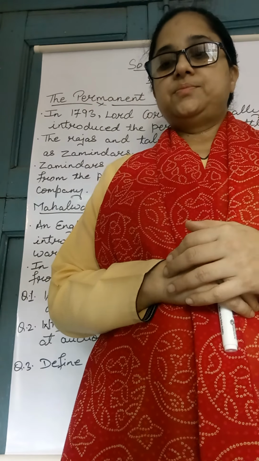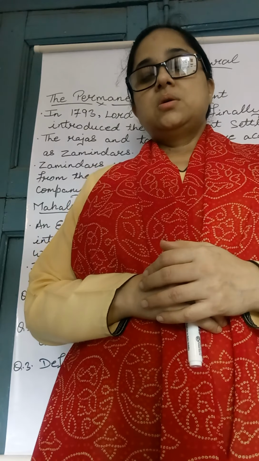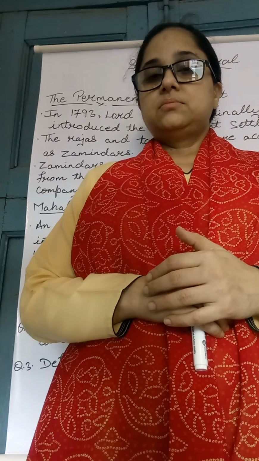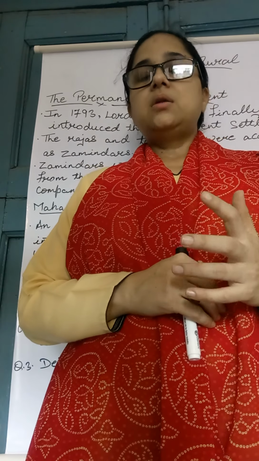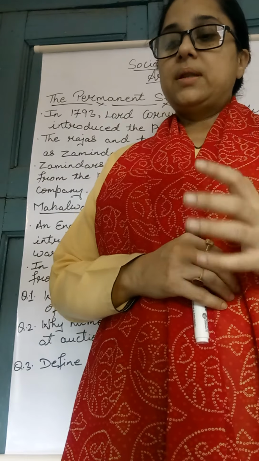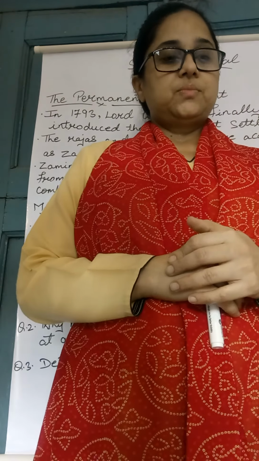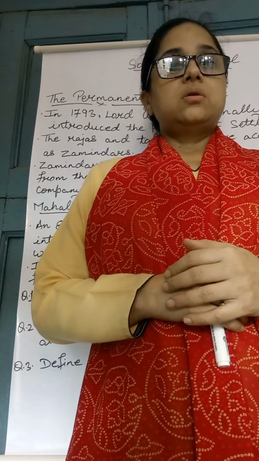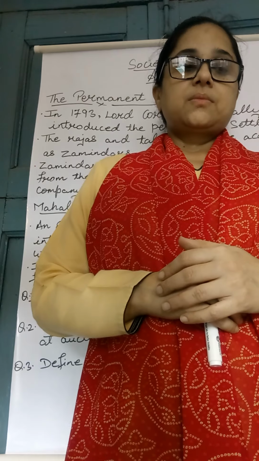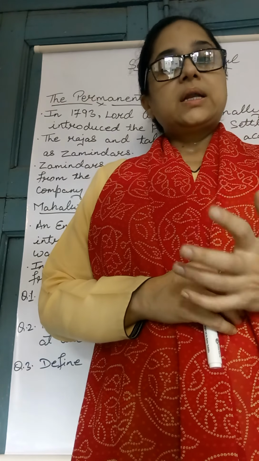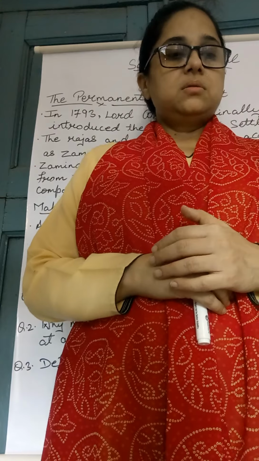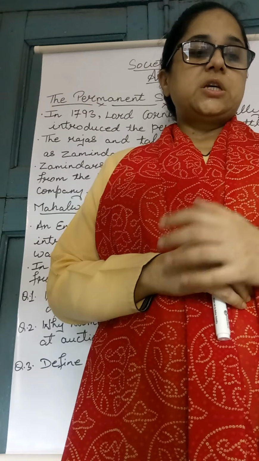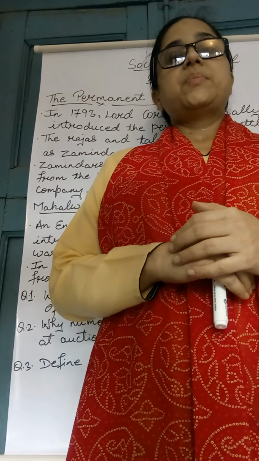This settlement was introduced by Cornwallis in Bengal in 1793. It has some characteristics or features. The Rajas and Talukdars were accepted as Zamindars.